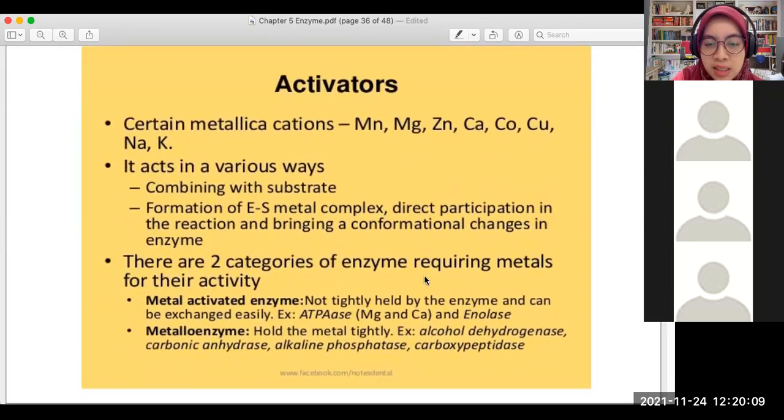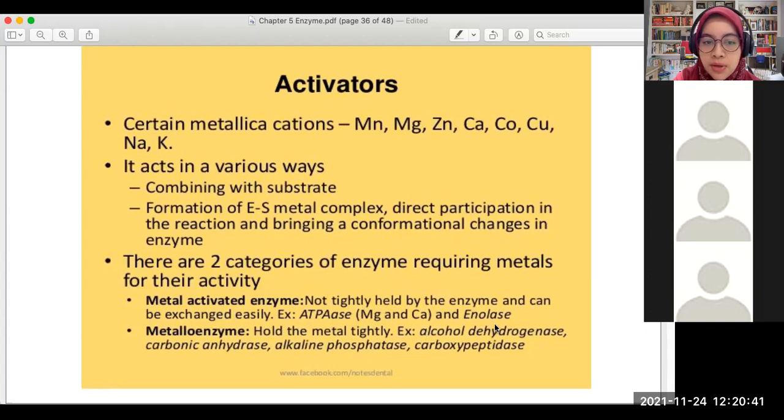So there are two categories of enzymes requiring metals for activity. First, the metal-activated enzyme. These metal-activated enzymes do not hold the metal tightly and the metal can be exchanged easily. For example, ATPase requires magnesium and calcium, but the magnesium and calcium will not permanently bind to the enzyme. They can bind and activate the enzyme and then leave.